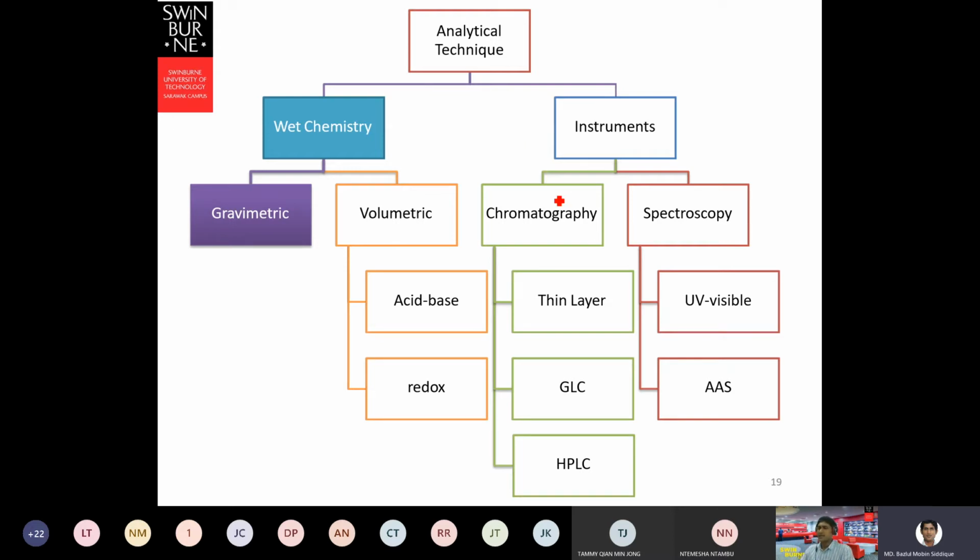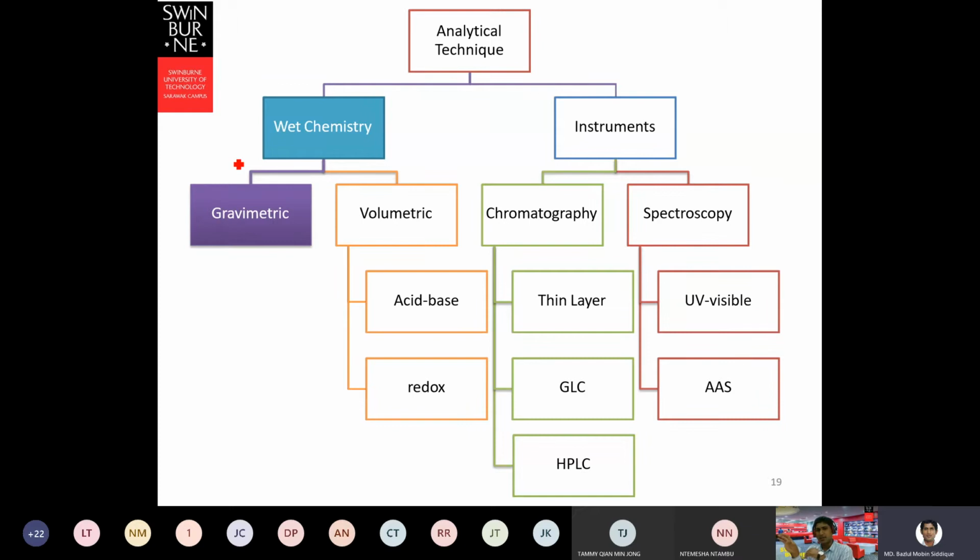This is the way of doing analytical technique. In analytical technique, there are two branches. One is wet chemistry, which involves reactions, and that can be gravimetric or volumetric.